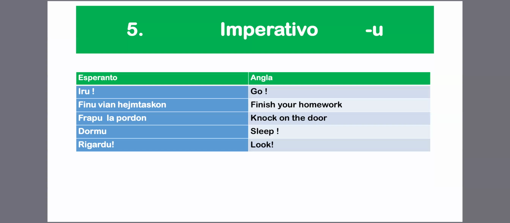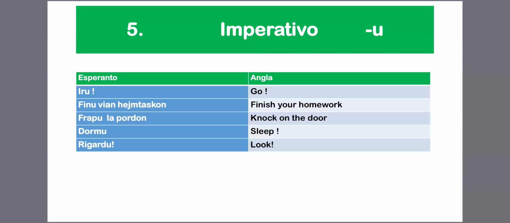The imperative is a way of giving an order. If you want to give an order, you put U at the end of the word. For example, you want someone to go. You say iru. The verb is iri, to go. But if you want to order someone to go, you only put U. Iru.